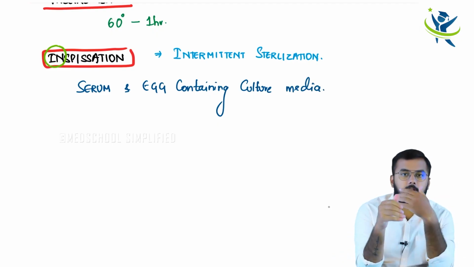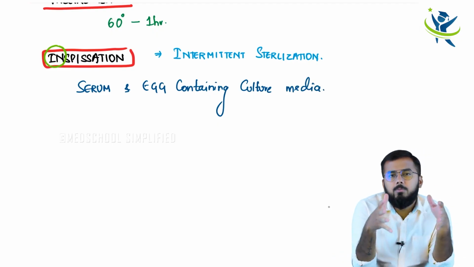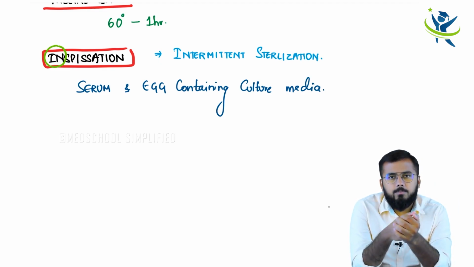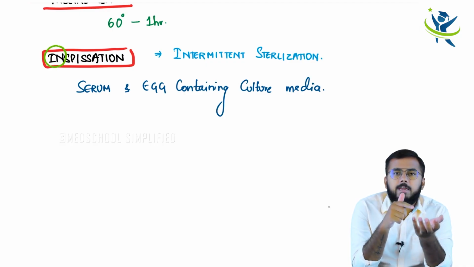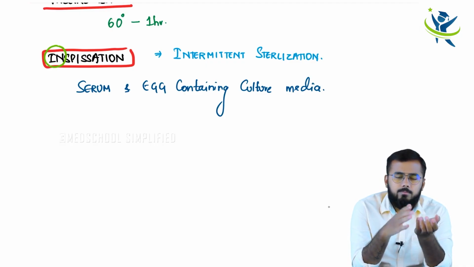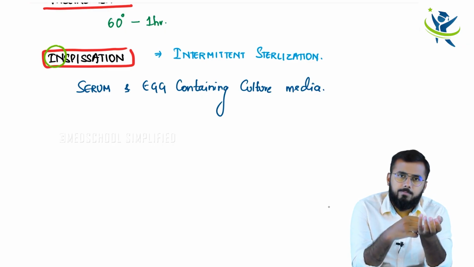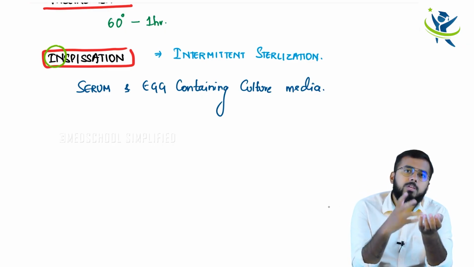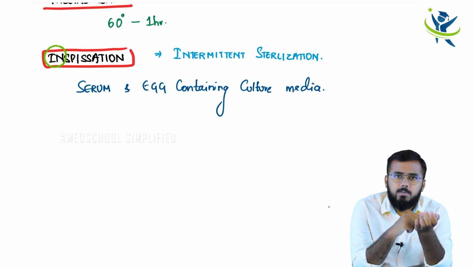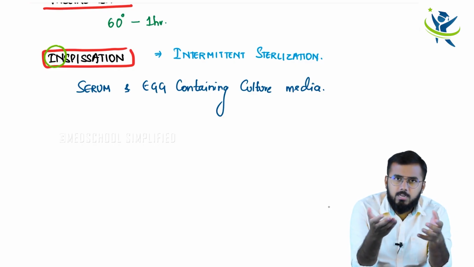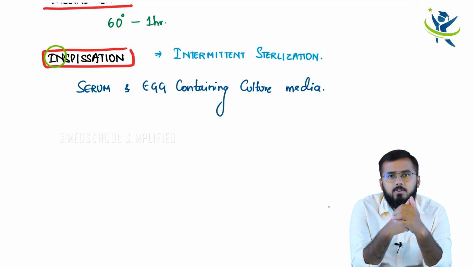So what you do is that you intermittently heat it. What do you mean by intermittent heating is that you take the serum or egg containing culture media, you heat it at 80 to 85 degrees centigrade. Okay, you stop it. Next day again you heat it at 80 to 85 degrees centigrade, and again third day also you heat it at 80 to 85 degrees centigrade, and now you can tell that we have done intermittent sterilization and completely it is sterilized, right?